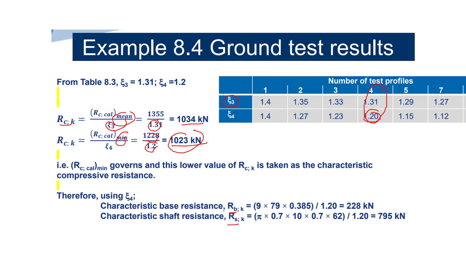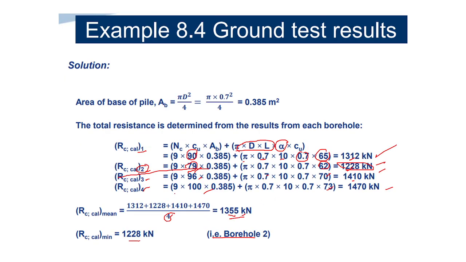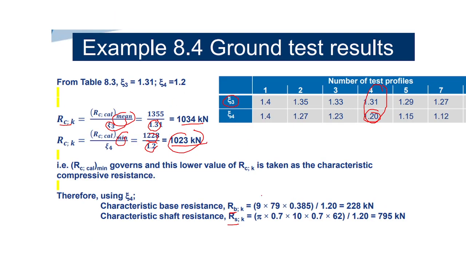Okay, so at the base you have this formula. What is this? 9 Nc. This is Nc, the undrained strength of the base, and this one is the area of the base divided by 1.2, because this is for the minimum value.